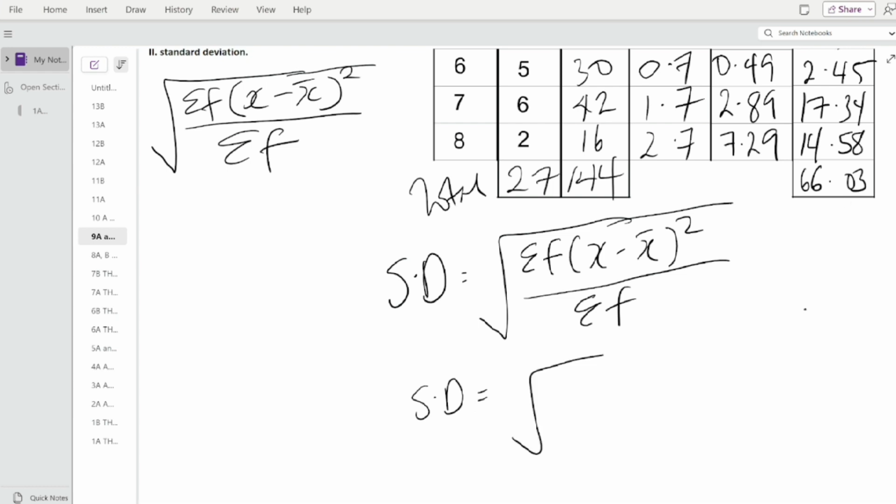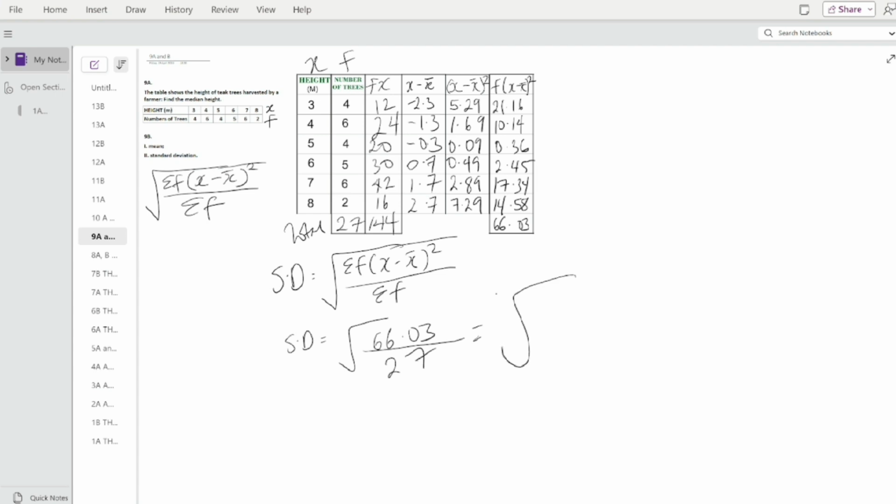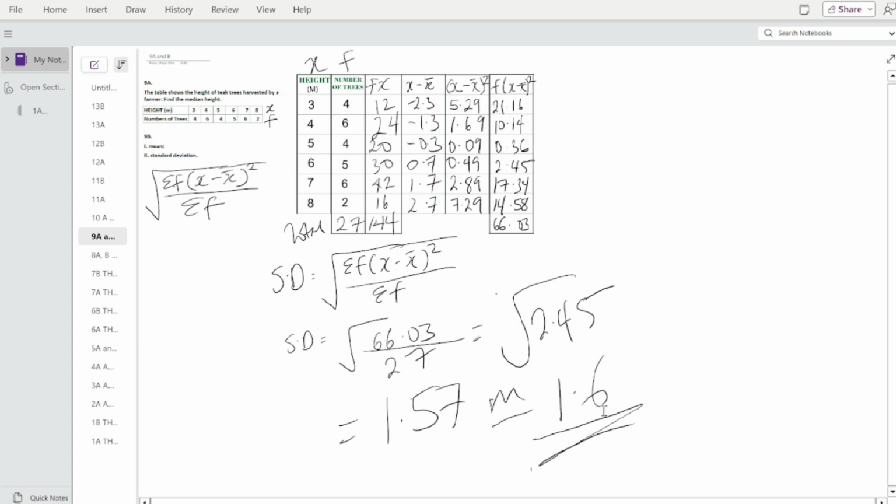So we have square root of 66.03 over summation of the frequency, which is 27. This is equal to square root of 66.03 divided by 27, which gives us 2.45. And square root of 2.45 is 1.57, which is approximately 1.6. Our standard deviation is therefore 1.6.